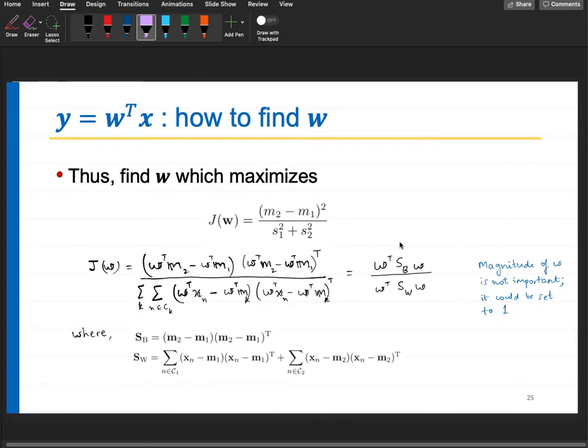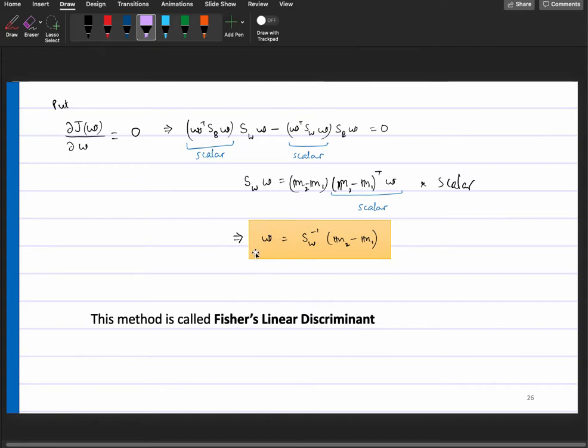SW inverse is the covariance matrix in the original space, in the X space. So this is my new W: the covariance matrix inverse times M2 minus M1 into whatever scalars you want, but they don't play any role. You can also normalize it and say this is my W.